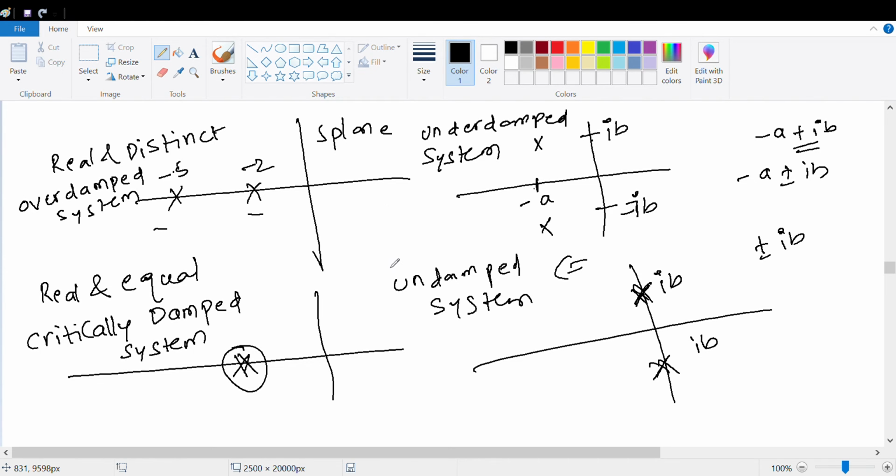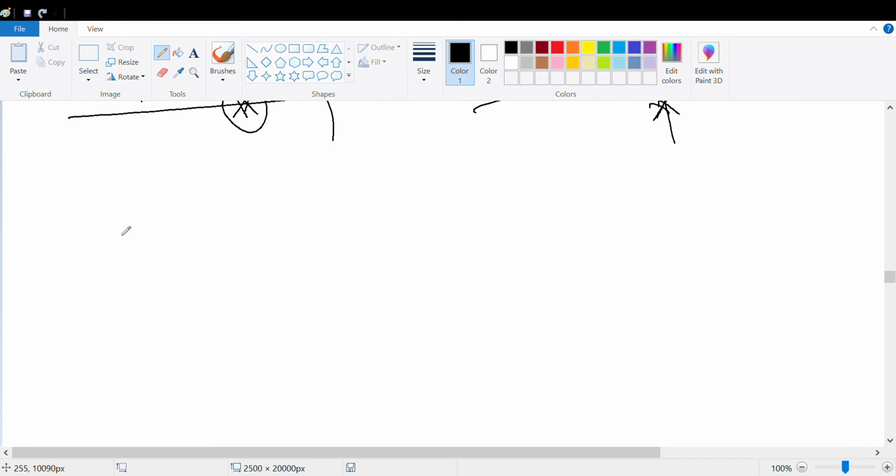Okay, now going back to our question. One more thing: we need to use a general step response for each system.